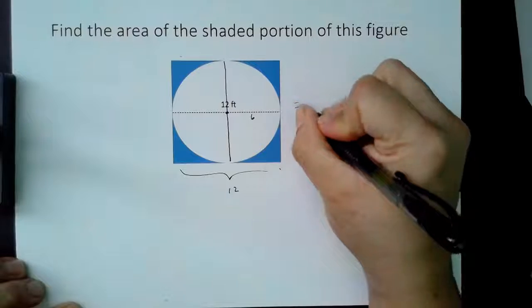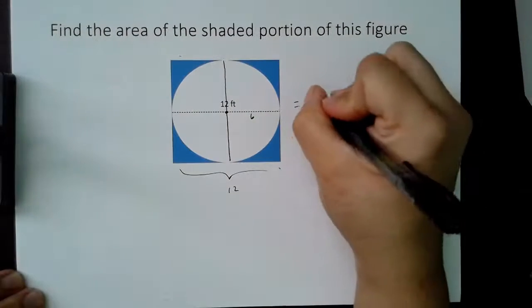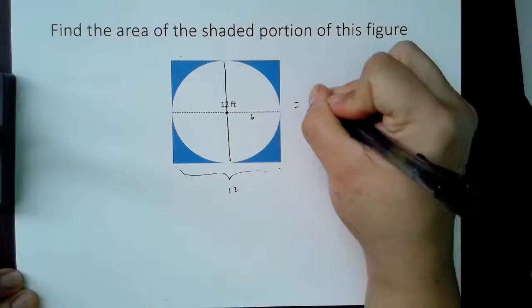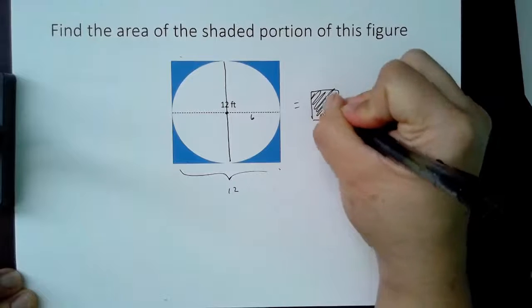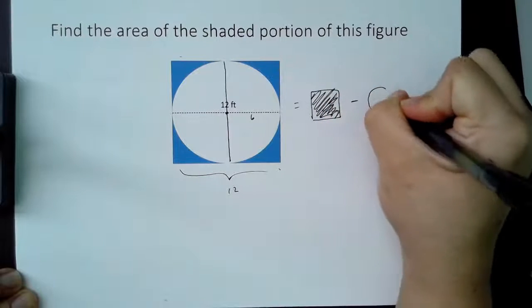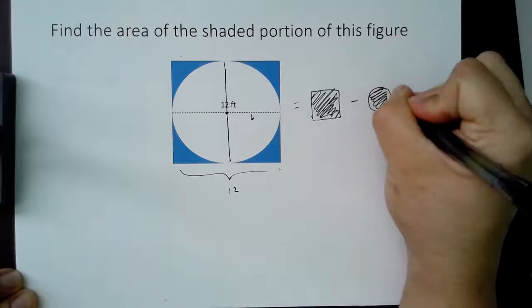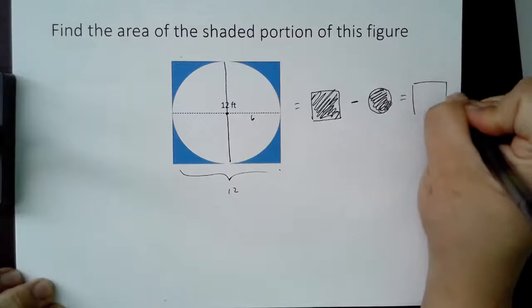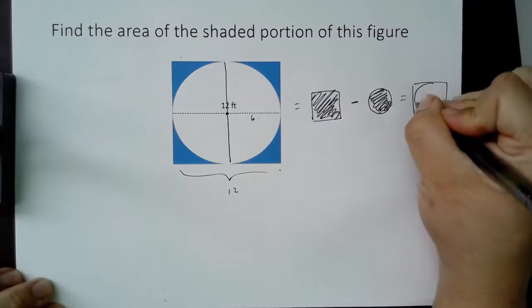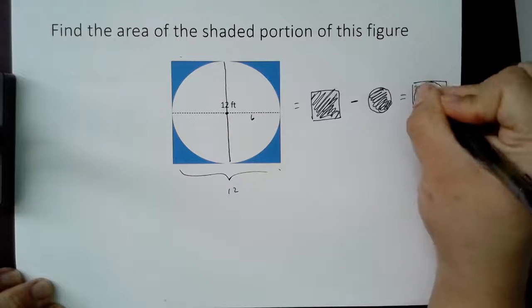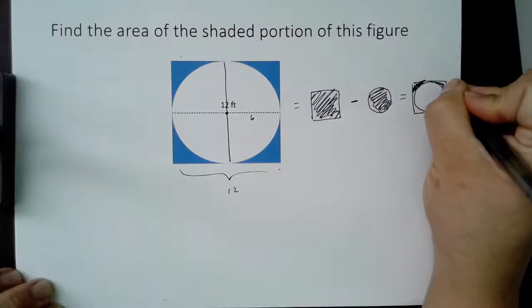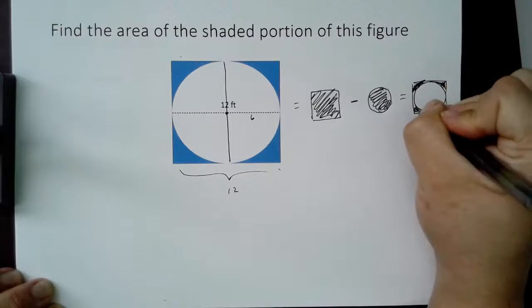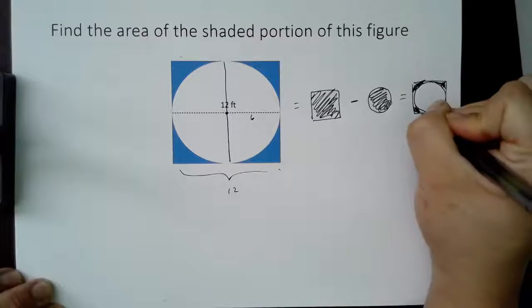Okay. Which means basically that this right here is 12. Okay. So how do we find the shaded portion, just the outside? Well, if we find the area of the square and we subtract the area of the circle away from it, we subtract that, we will find the area of all these little tiny weird pieces of the square that's not circle.